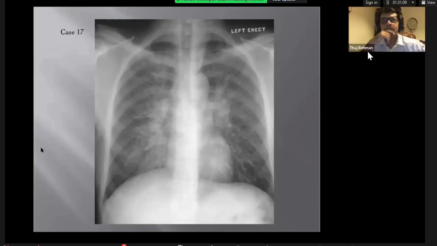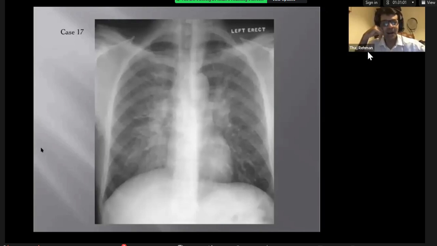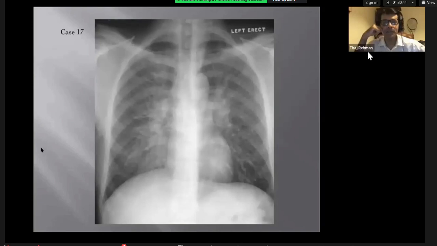The hila are fine as well. Some examiners can be sometimes nasty, you know. Anybody can say there is some diffuse abnormality in this. But a 2B candidate is expected to go a bit further, identify the pattern, what's happening. I think it's alveolar opacity, I would rather say. Good, you're thinking in the right direction.